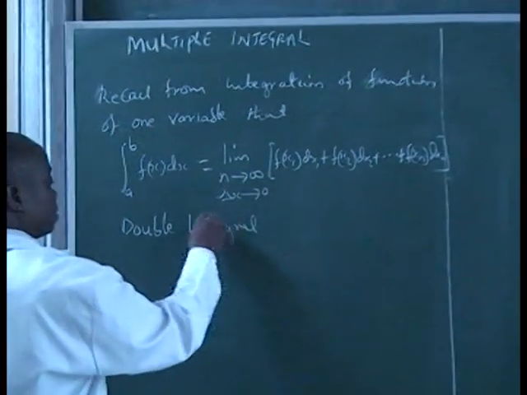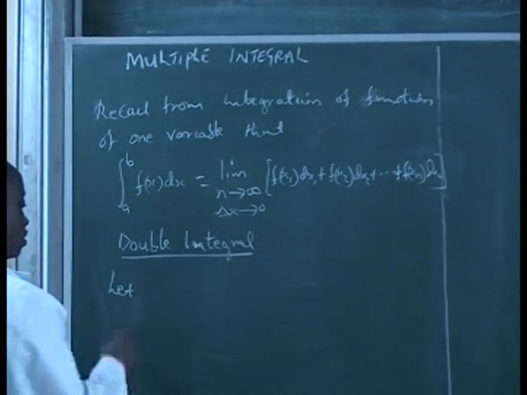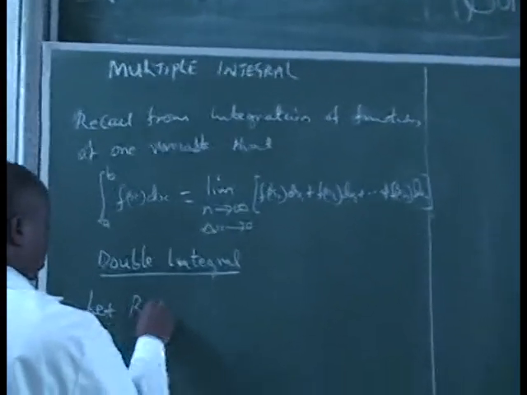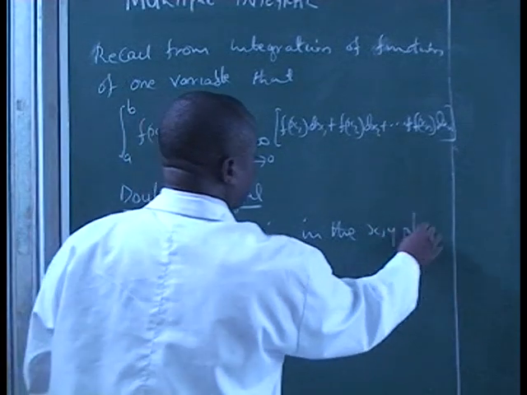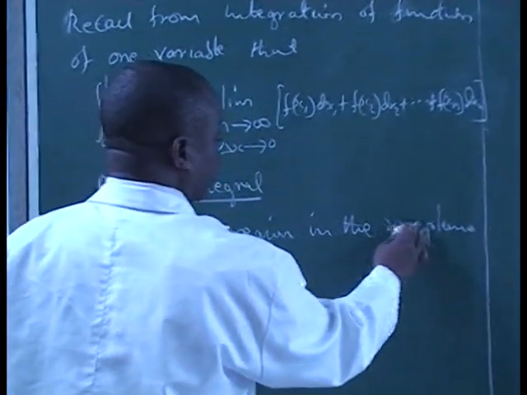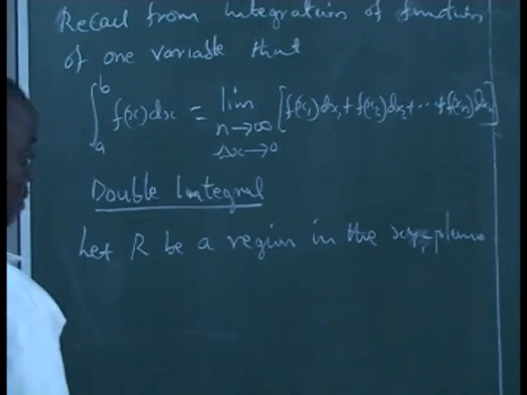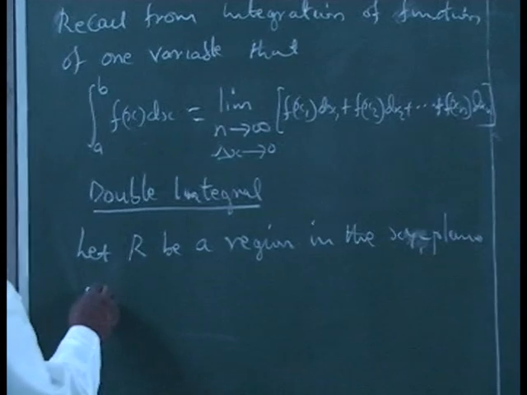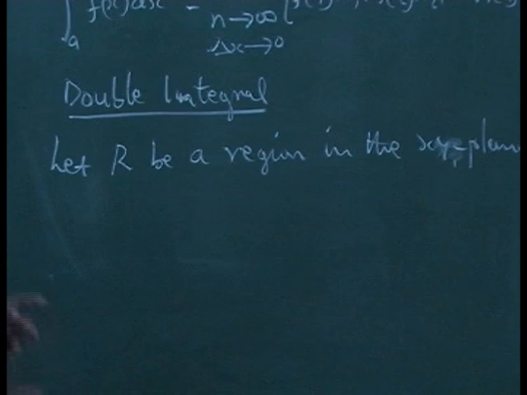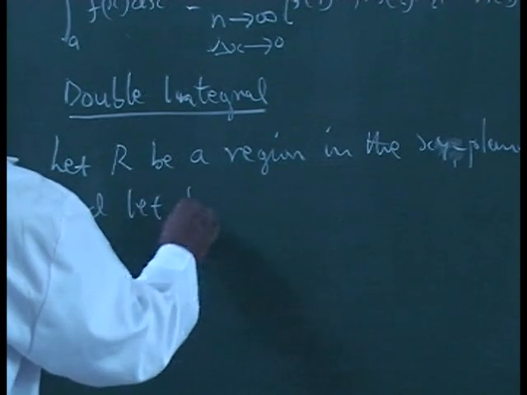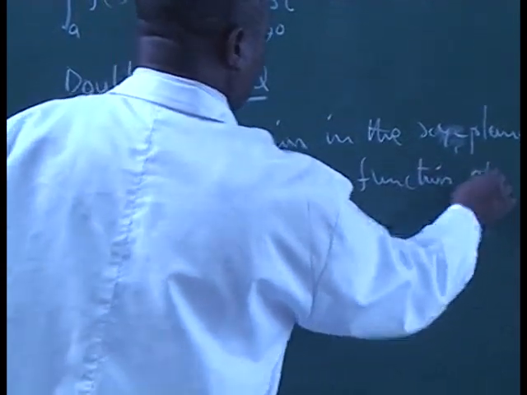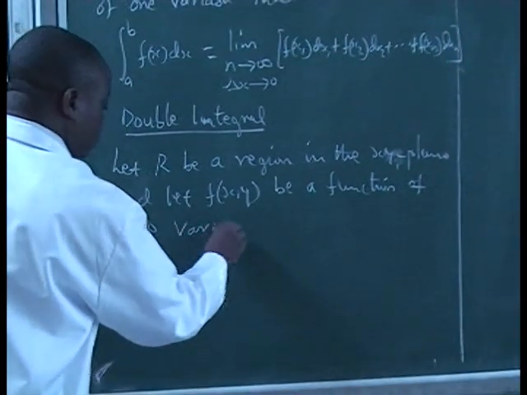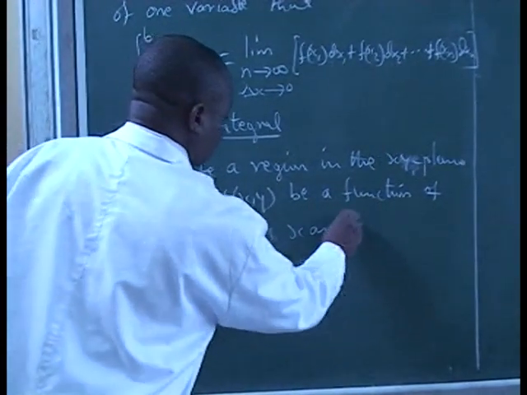Now let R be a region in the x, y plane, bounded, and let f of x, y be a function of two variables x and y.